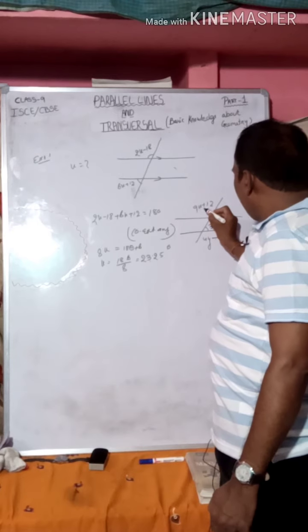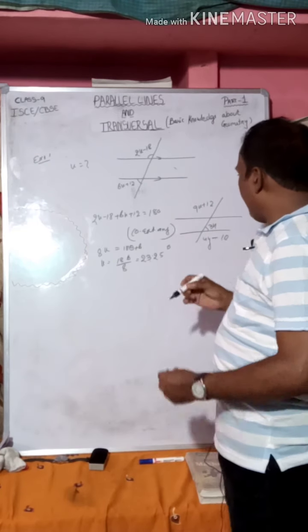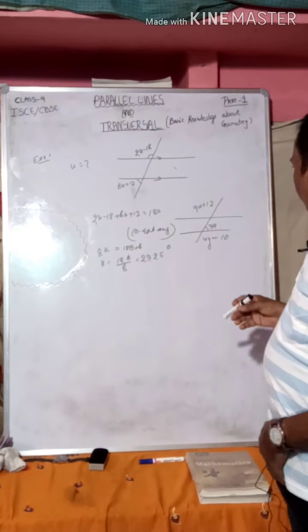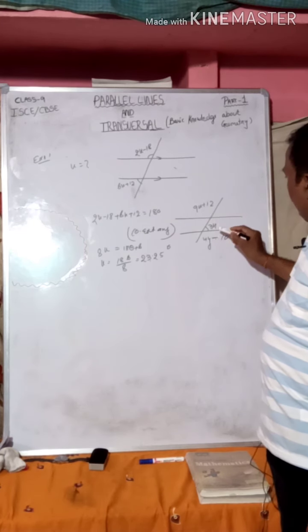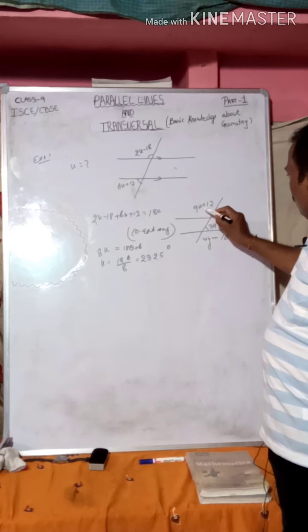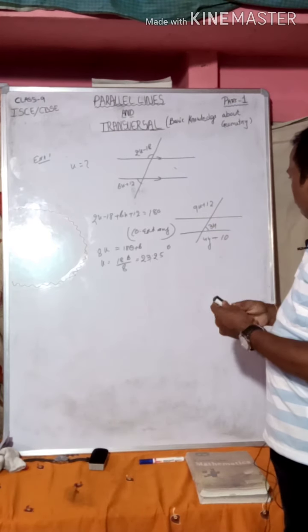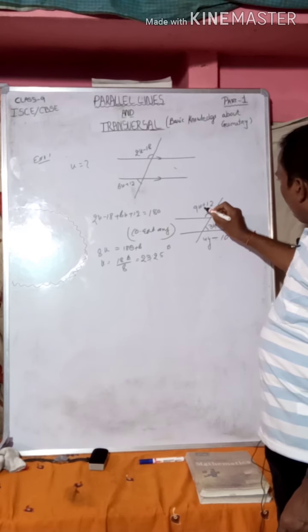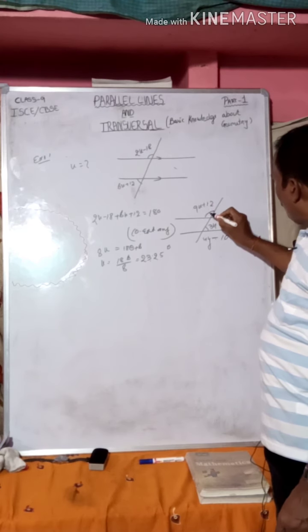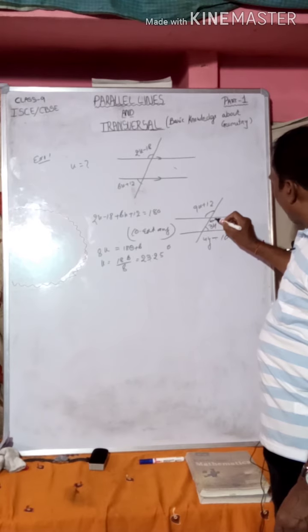But here this angle and this angle are given. Look here, this is an angle, this is another angle, this is another angle. So this angle is 9x plus 12.